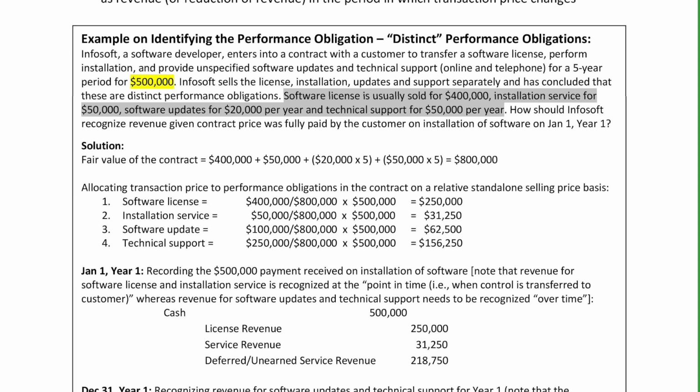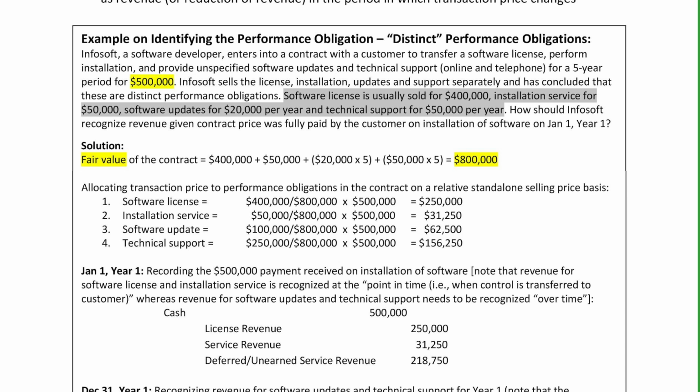So basically, the fair value of the contract is $400,000 plus $50,000 plus the $20,000 per year software updates times 5 years plus the $50,000 technical support per year times 5 years. In total, it is $800,000.